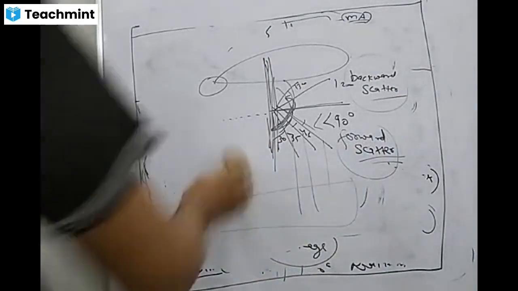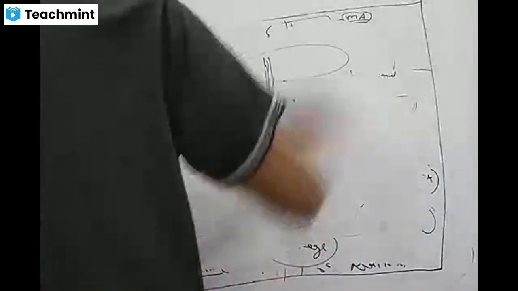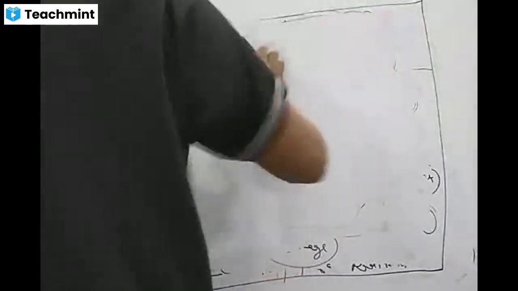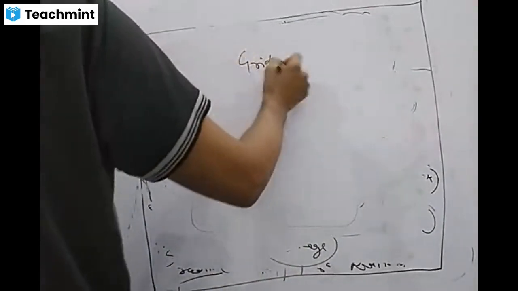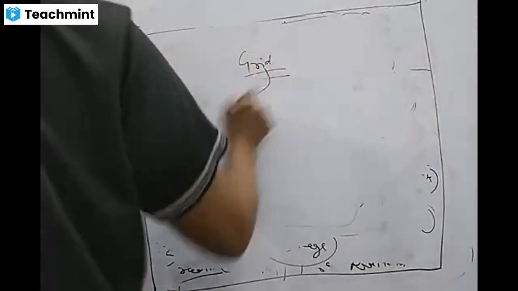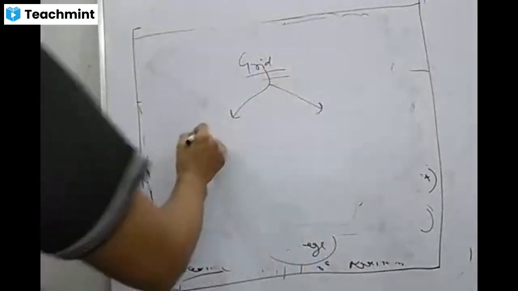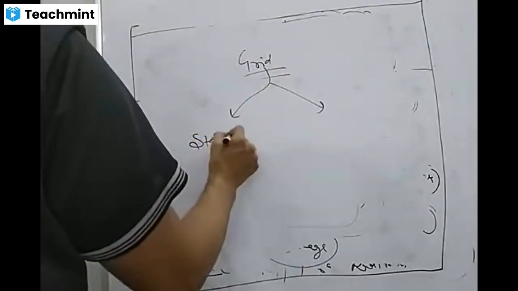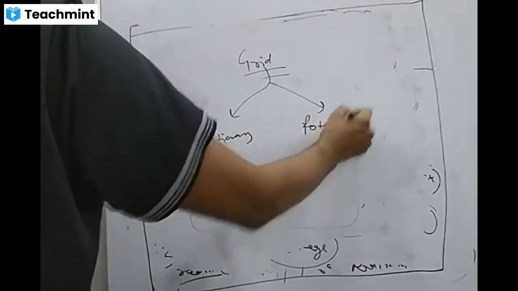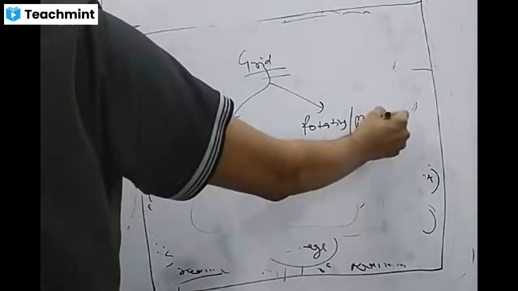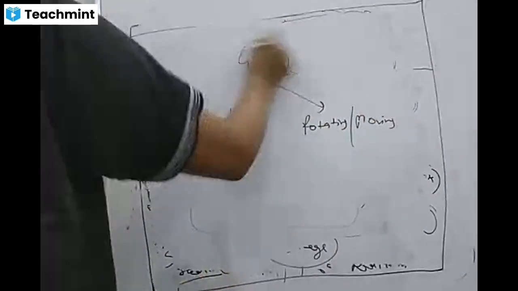Whether it is forward or backward scatter, if you want to remove the scatter, we use the concept of the grid. Similarly, as we have stationary anode and rotating anode, we also have stationary grid and rotatory or moving grid.